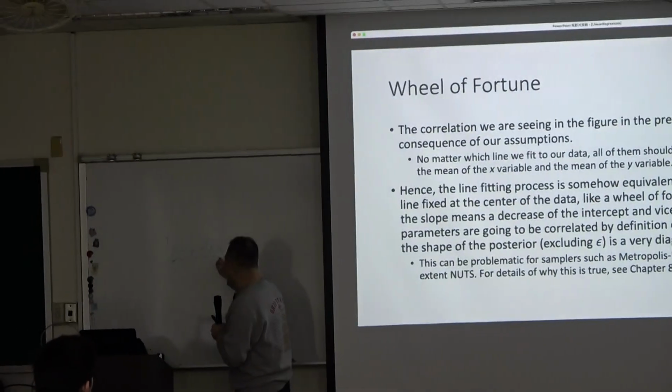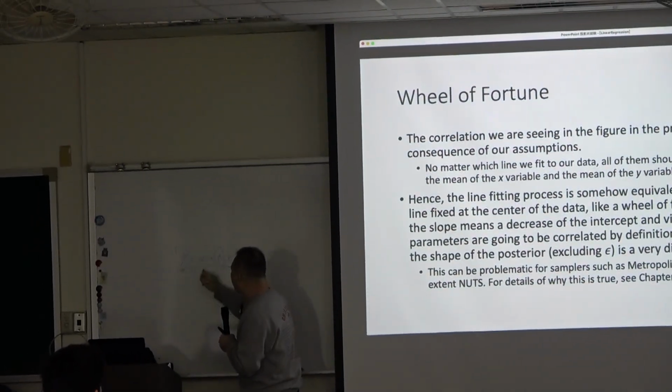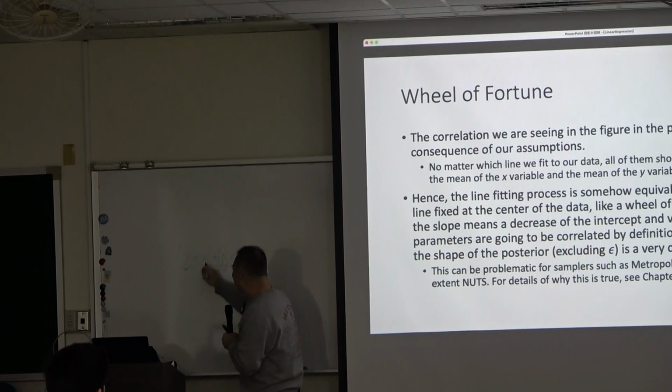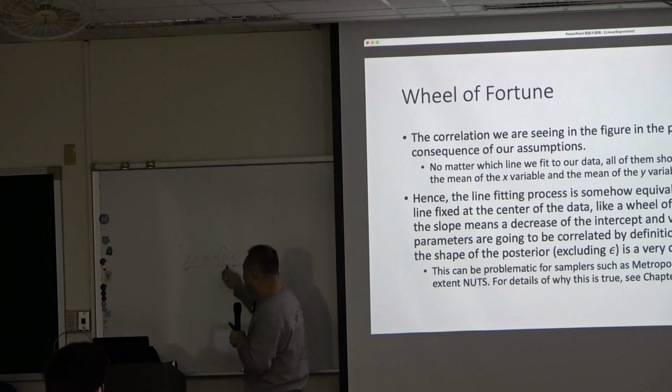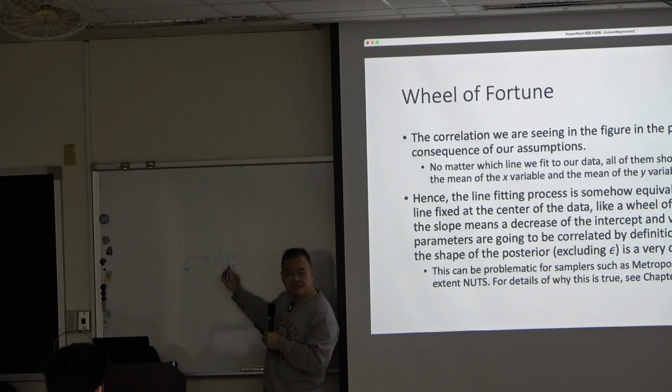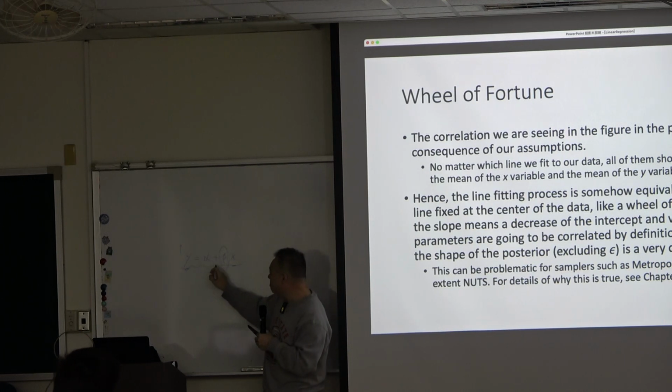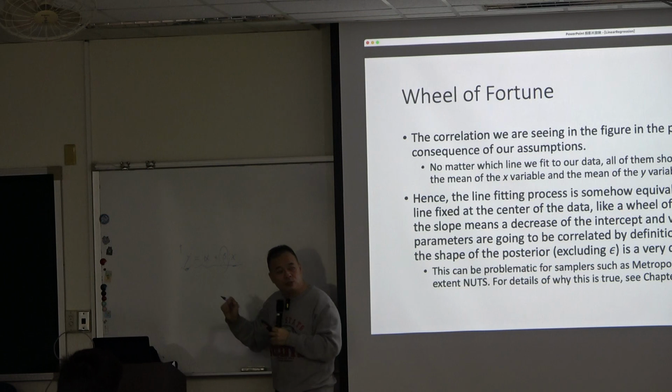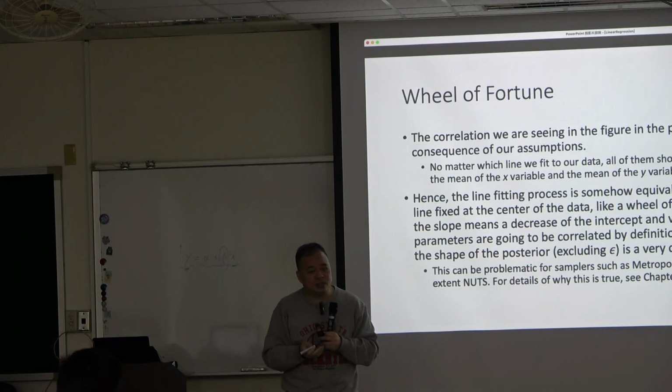So we will go past the mean of x and y, but when alpha increases, beta has to reduce. Same thing, when alpha decreases, beta has to increase in order to go past the same point, because it's confined by this linear equation.